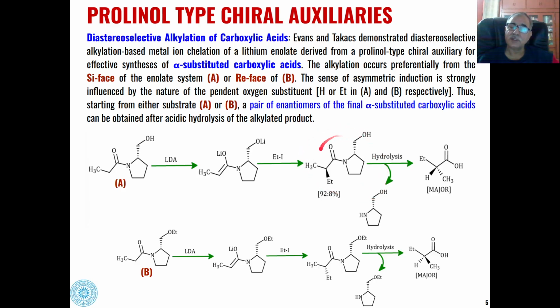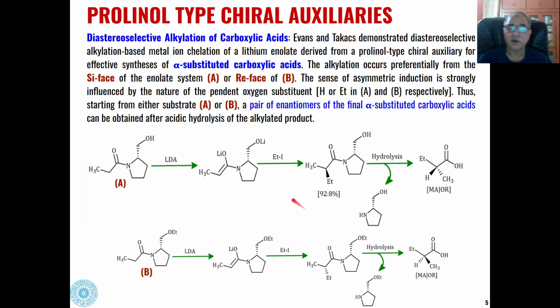So this chiral intermediate which is formed after the alkylation, when it undergoes hydrolysis, we will get alpha substituted carboxylic acids as the product. In these types of chiral auxiliary, we will get one enantiomer of the carboxylic acid, whereas in these types of chiral auxiliary, we will get the other enantiomer of the alpha substituted carboxylic acid.